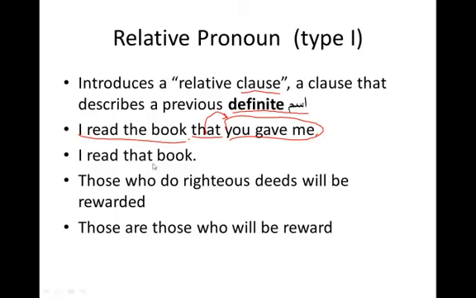I read that book. Is this a relative pronoun? No, it's a demonstrative pronoun. I read that book. It's more of a demonstrative adjective here. You could have said I read that. But why did I choose this example? It's confusing because it's the same exact word. And in Arabic, they're never the same exact words.